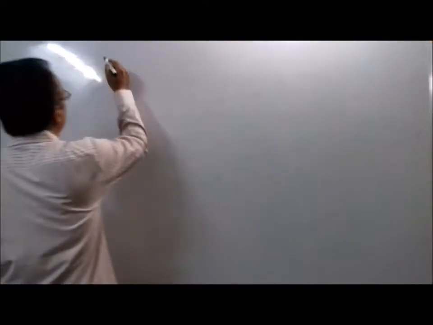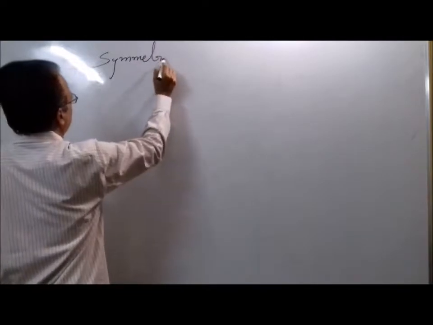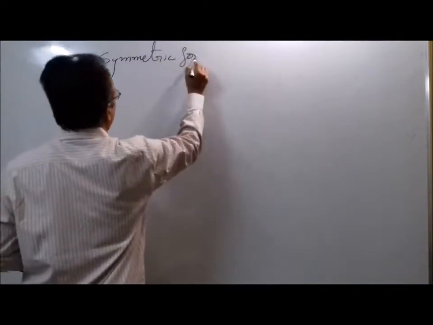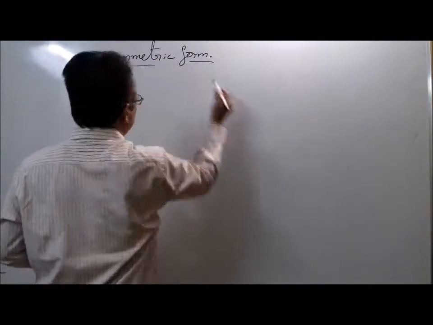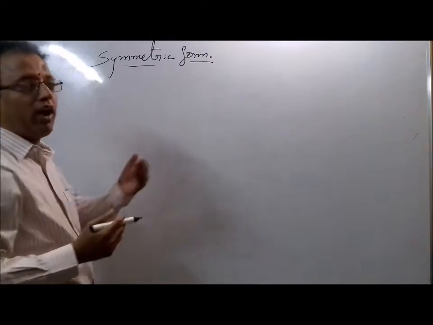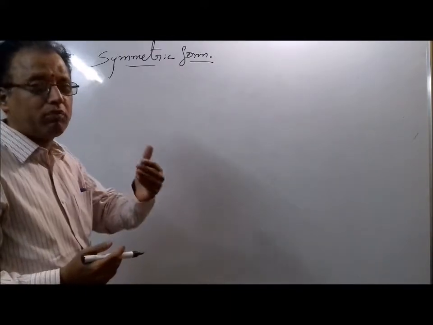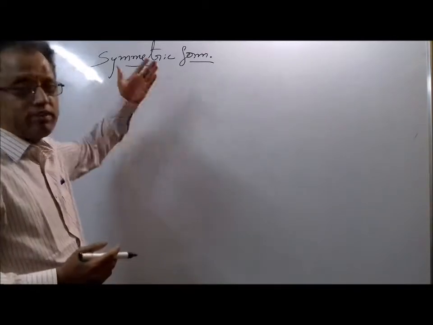The symmetric form is a very crucial form which we apply very frequently. This also derives from the point slope form. When the point is P(x1, y1) and the slope is m, we derive the symmetric form from that only.